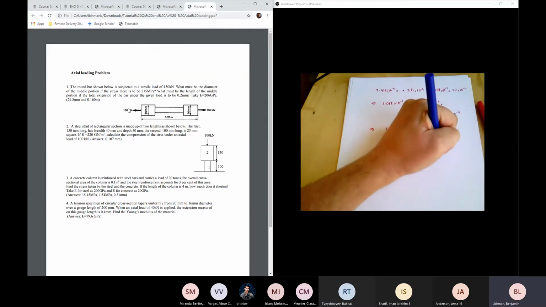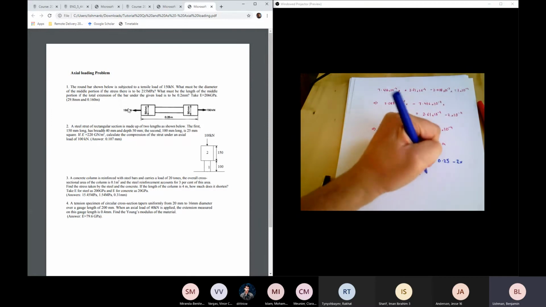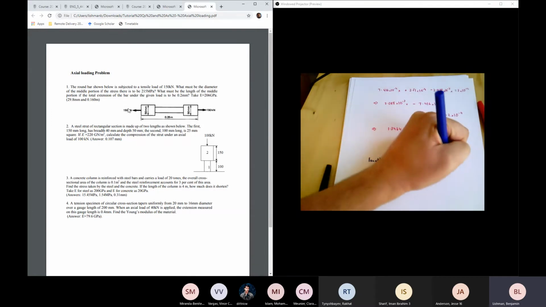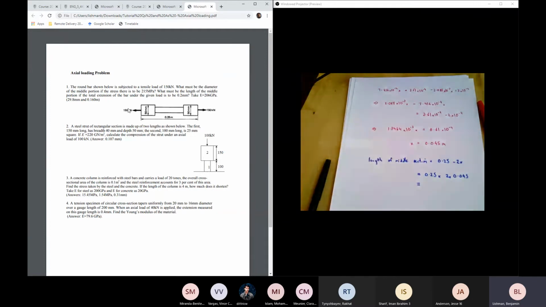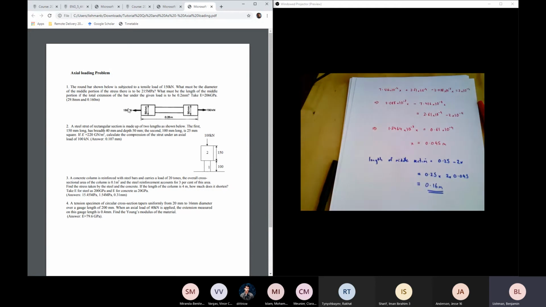Which is 0.25 minus 2x, which is 0.25 minus 2 times 0.045, and that will be 0.16 meters, which is what's given in the question. So eventually we get to the right answer.